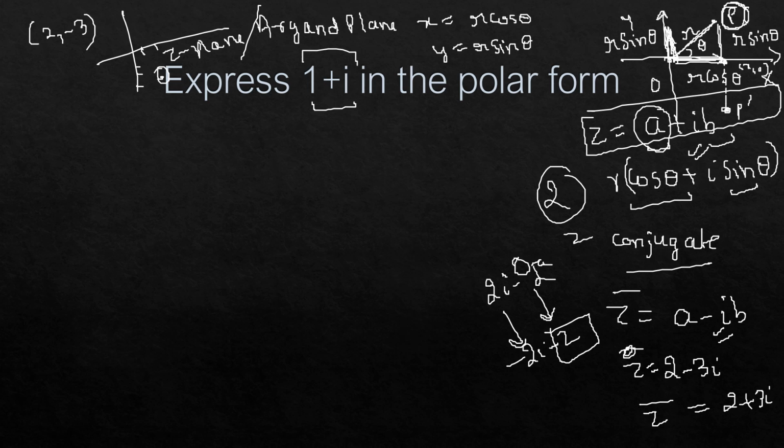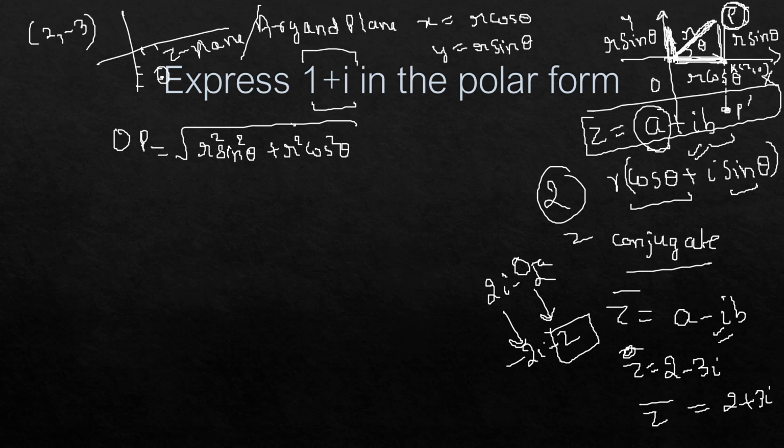Now one more thing to note here is, if I ask you about OP in triangle OPX, let's say, OP is what? Hypotenuse. It will be square root of perpendicular square plus base square. That means it will be r sine theta whole square plus r cos theta whole square. Yes or no? So r square sine square theta and r square cos square theta.